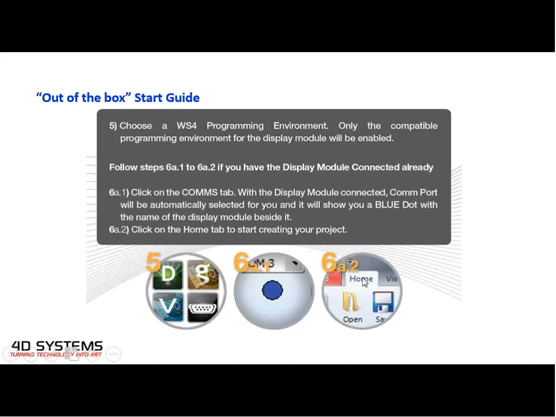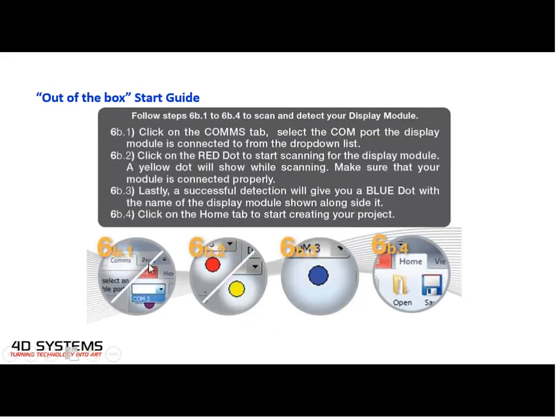So clicking the home button will bring you back to the main editor. What I was explaining earlier is in case you get a red dot instead of blue. So clicking it will turn to yellow and then blue.